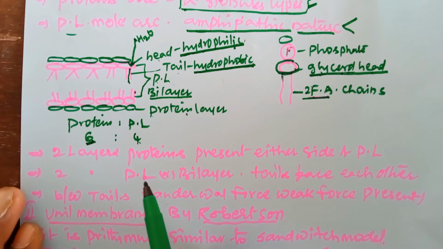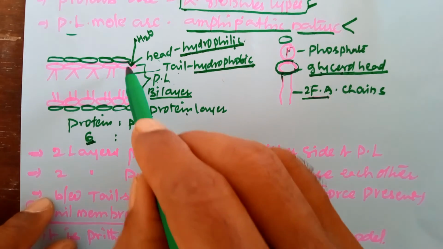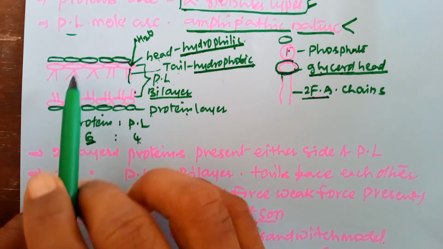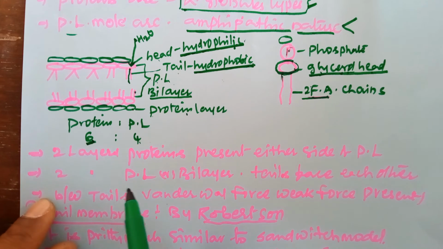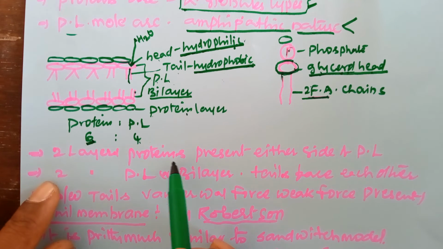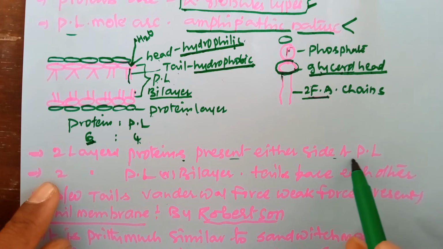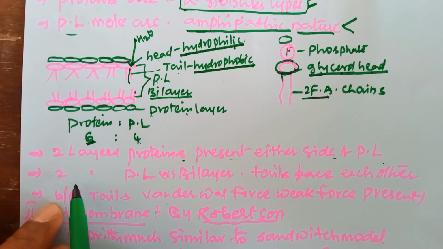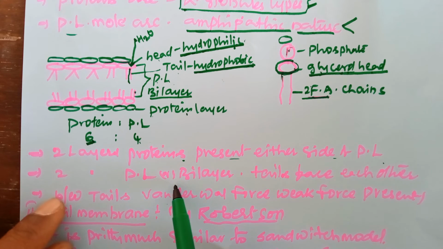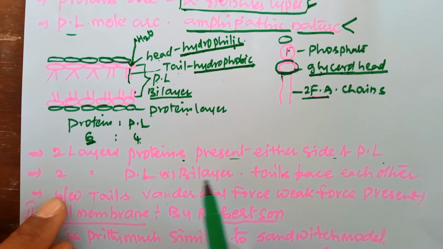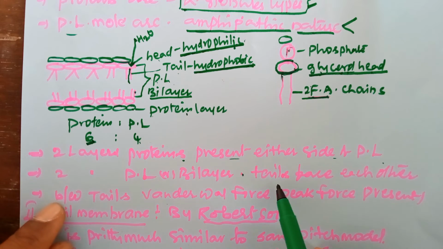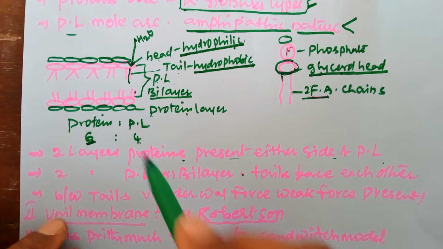Now when we observe keenly the structure of the plasma membrane, there are two layers of proteins present on either side of the plasma membrane, and two layers of phospholipids, or bilayered phospholipids, which contain tail and head parts.